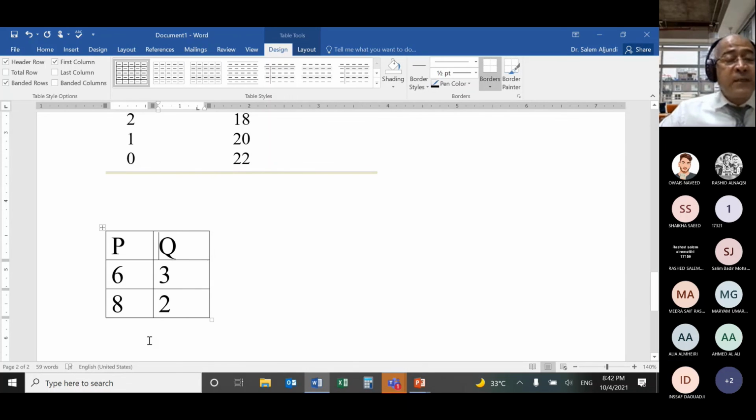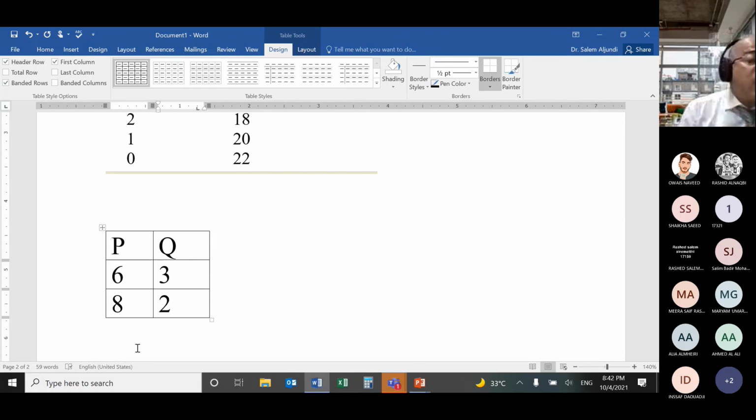I didn't ask you to calculate price elasticity when the price was 6 or 8. I asked you to calculate, see here, because now we have two formulas.